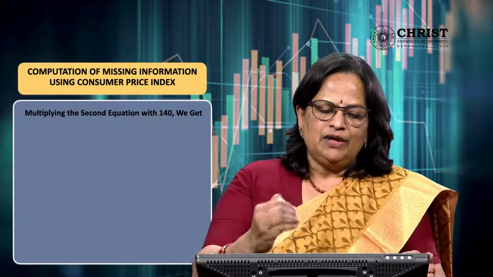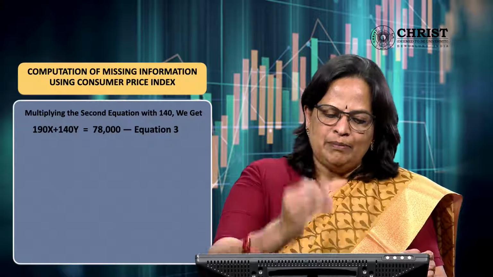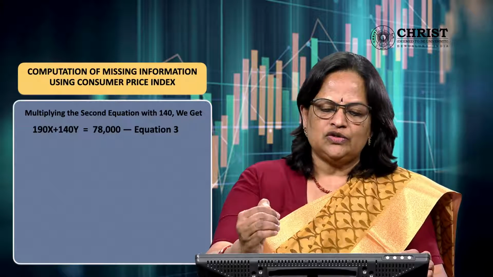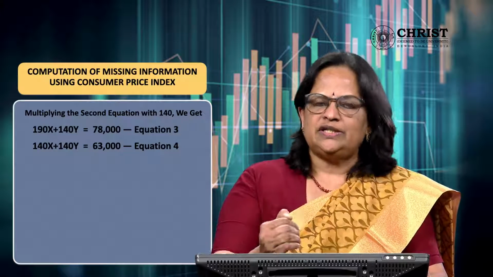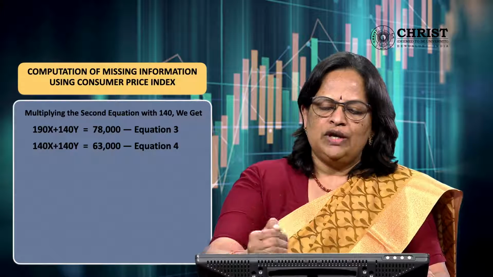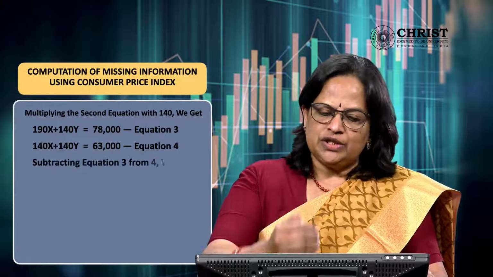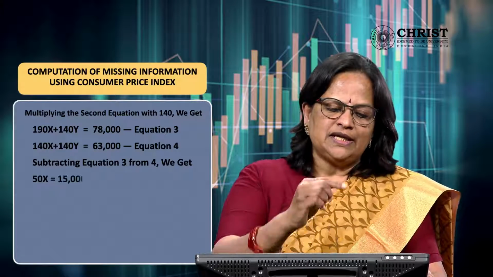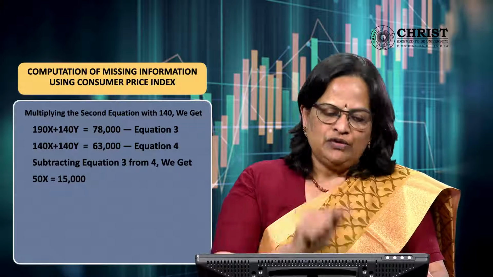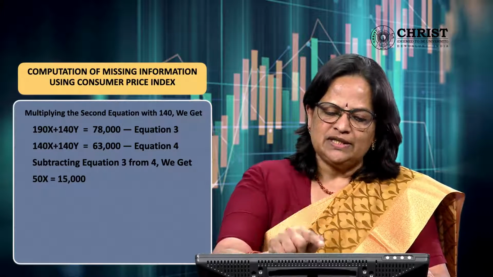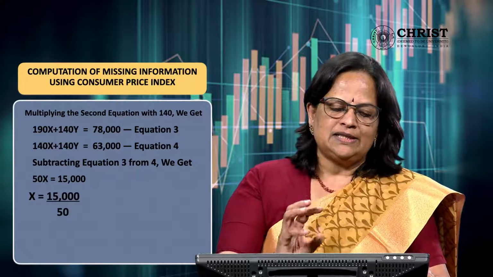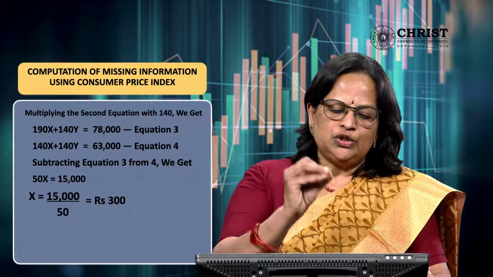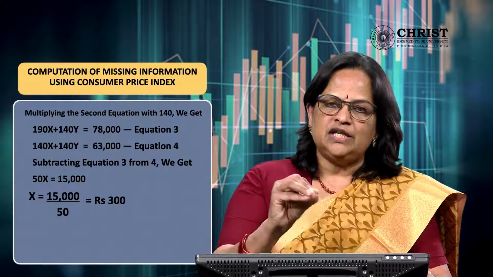So multiplying the second equation with 140, we get 190x plus 140y is equal to 78,000, that is equation 3, and 140x plus 140y is equal to 63,000, that is equation 4. Now subtracting equation 4 from 3, we get 50x, that is 190x minus 140x, 50x is equal to 15,000, that is 78,000 minus 63,000. 140y and 140y get cancelled. So x is equal to 15,000 divided by 50, that is equal to 300.